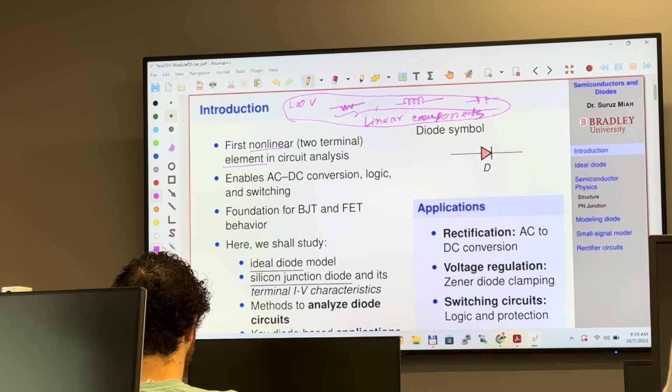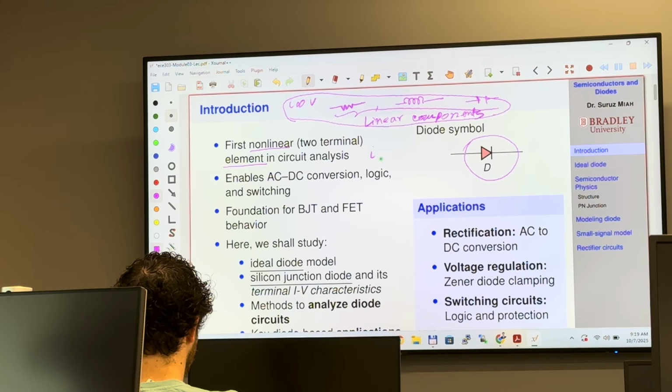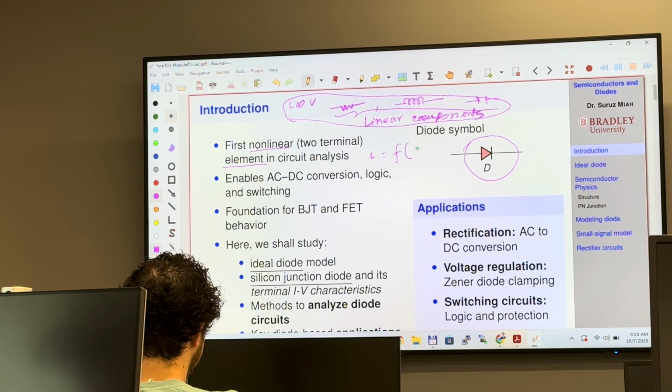But the first nonlinear device that we are starting to talk about is called diode. It is nonlinear because its IV characteristic is nonlinear. So this is a nonlinear function.